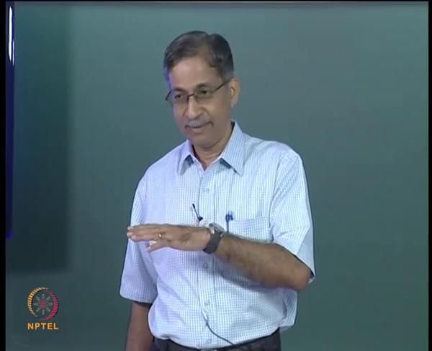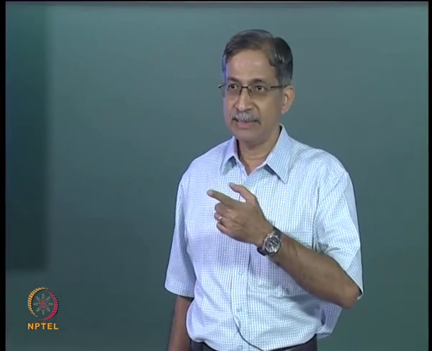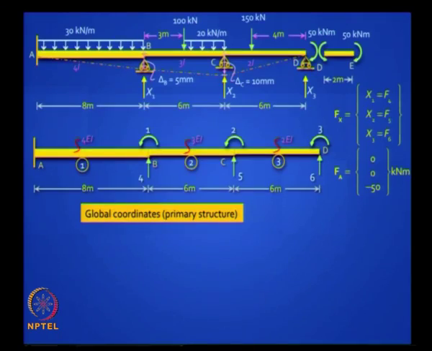So the redundants are 4, 5, 6, they have to go to the end of the list, and the active coordinates are 1, 2, 3. Is it clear? And straight away write down the nodal forces. You have only one nodal force, which one? F3. F3 is this concentrated moment, which is minus 50 kilonewton meter, write it down, and your Fx vector is X1, X2, X3, which is connected with F4, F5, F6.